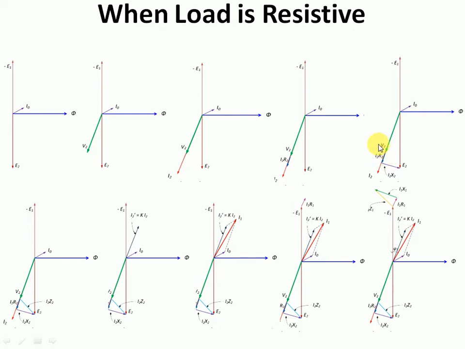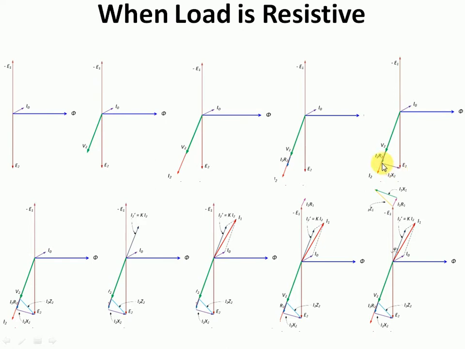You have studied the concept of the RL circuit in your basic electrical engineering course in your first year. There you have studied the impedance triangle and all. The same concept is used here also. So in order to draw the line for I2 X2, you have to draw a line perpendicular to I2 R2, at the tip of I2 R2.